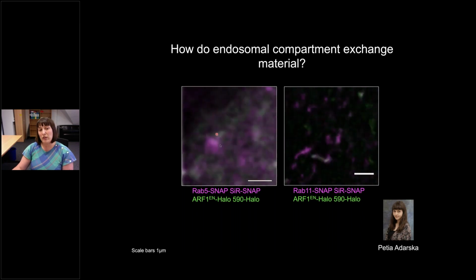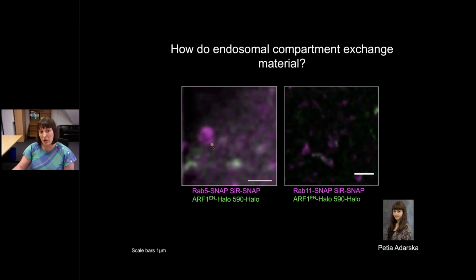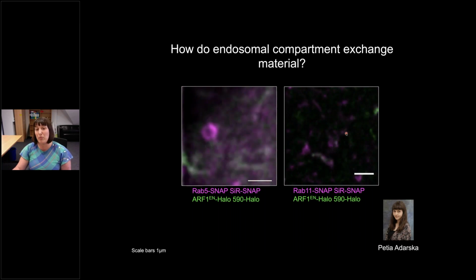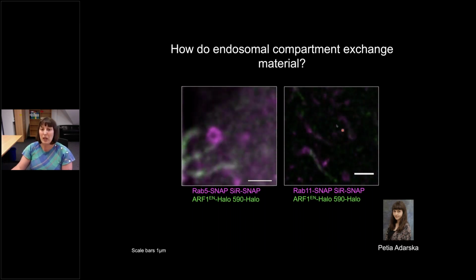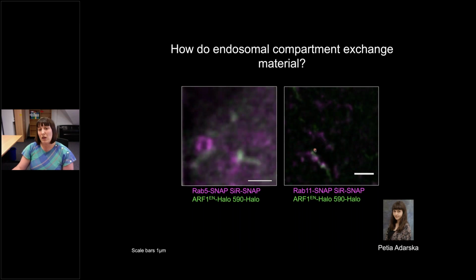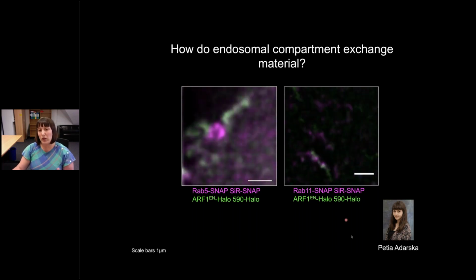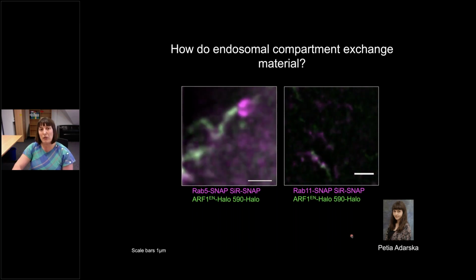What she sees using live-cell STED is that different types of endosomes, in this case an early endosome labeled by RAB5 and recycling endosomes labeled by RAB11, are kind of dancing around together. I just want to stress that these structures are completely disrupted upon fixation. So we need to be able to do live-cell super-resolution experiments.